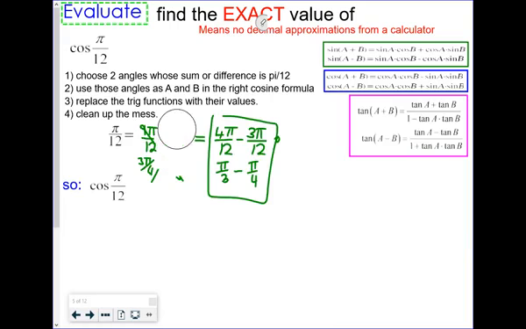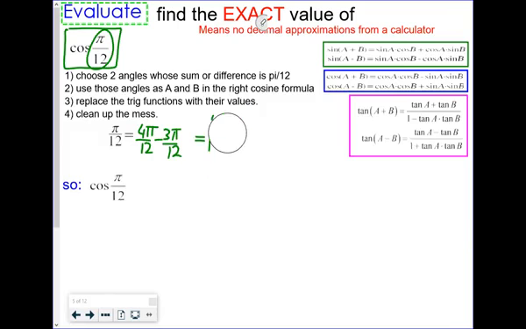So the first thing I'm going to do when given this question up here is look at the angle and say pi by 12 could be written as 4 pi by 12 minus 3 pi by 12, which in terms of angles I know is pi by 3 minus pi by 4.